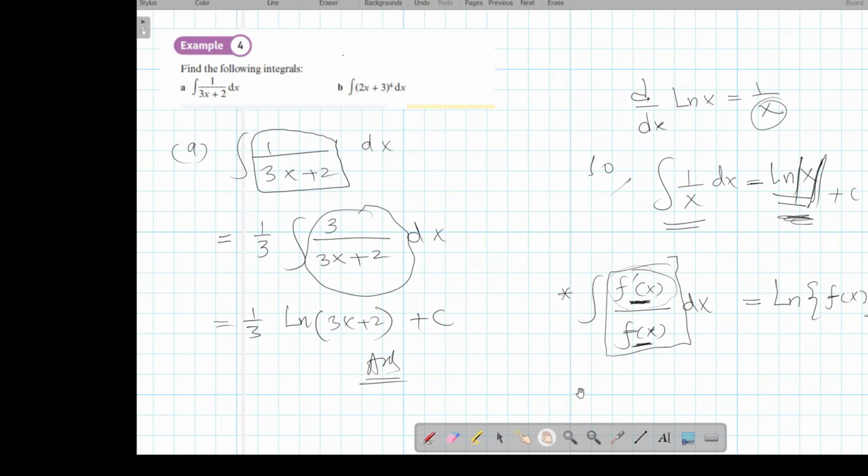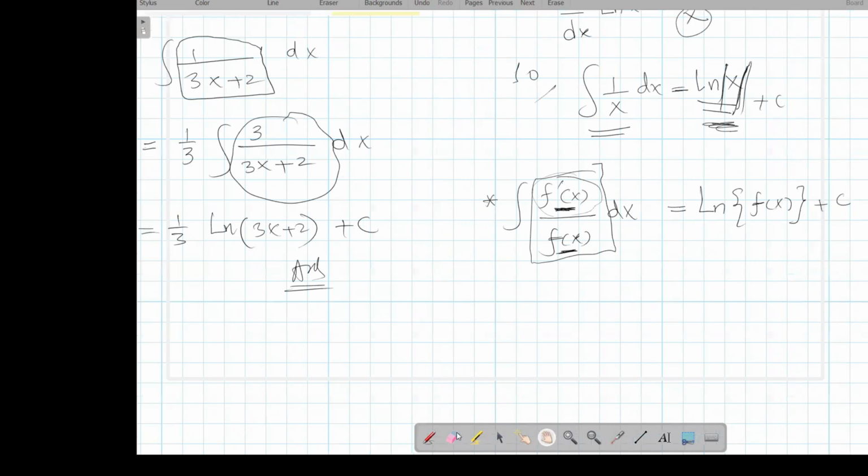This is a formula I'm telling you. Maybe it is not written like this in the book, but this is the formula. So, for example, you can use this formula.